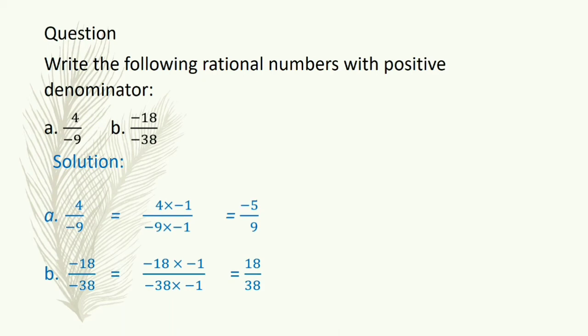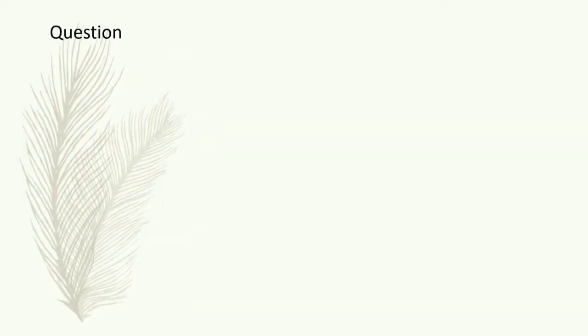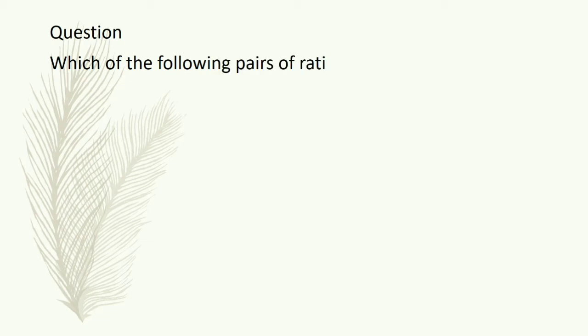Now, testing the equality of rational numbers. Which of the following pairs of rational numbers are equal? We have three pairs of numbers given here. Minus 3 by minus 7 and 15 by 35.